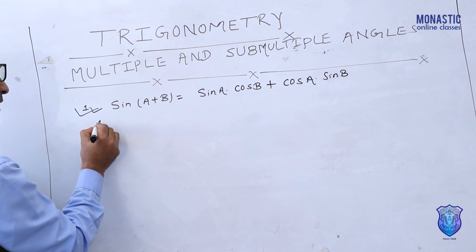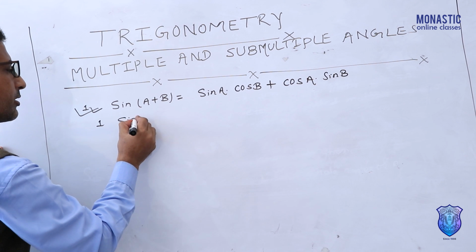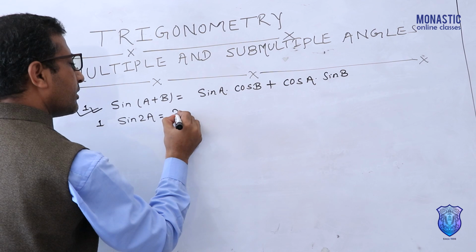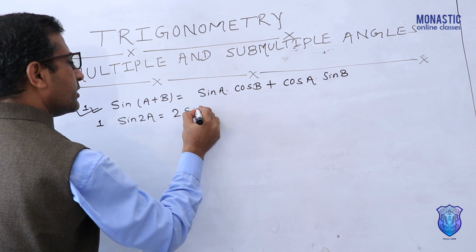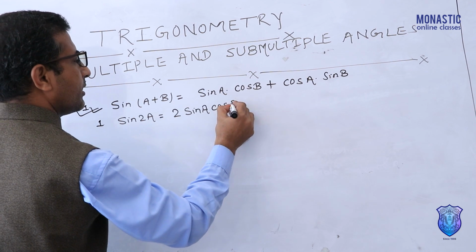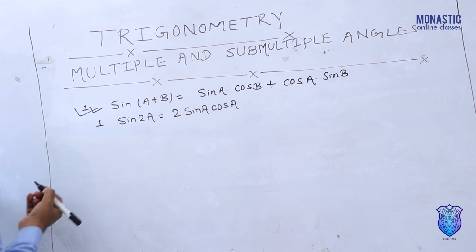In class 10 we have to learn the first formula, that is sine of 2A, which is 2 times sine A cos A. How can we prove this?